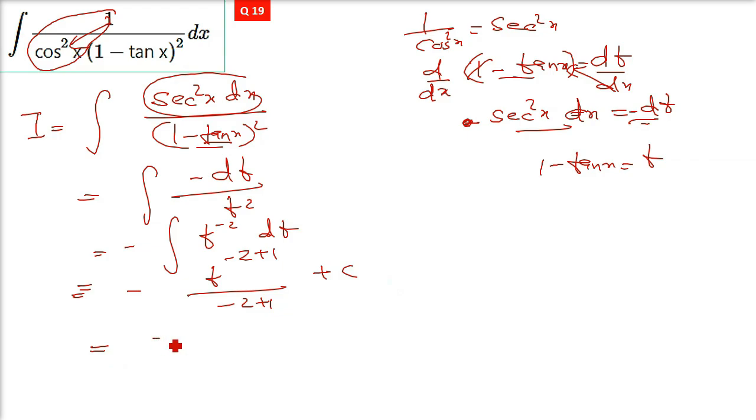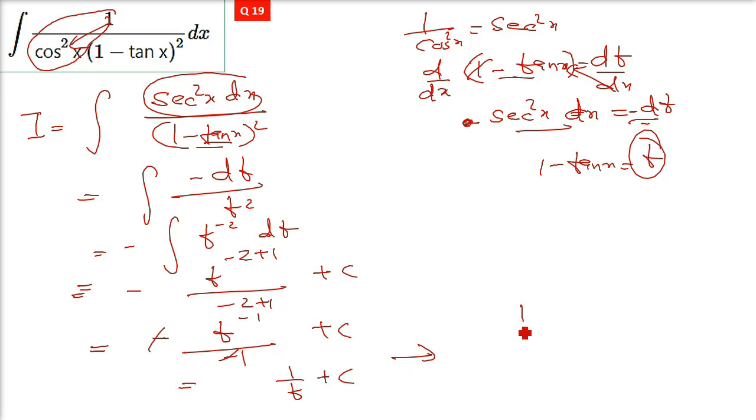This will become minus t raised minus 1 divided by minus 1. This minus minus becomes plus. T raised minus 1 is when you take it in the denominator, so it will be simply 1 by t plus c. So t we have actually assumed to be 1 minus tan x. So you have to replace it in the final answer with 1 minus tan x in place of t. So this becomes 1 by 1 minus tan x, and the constant of integration remains the same.